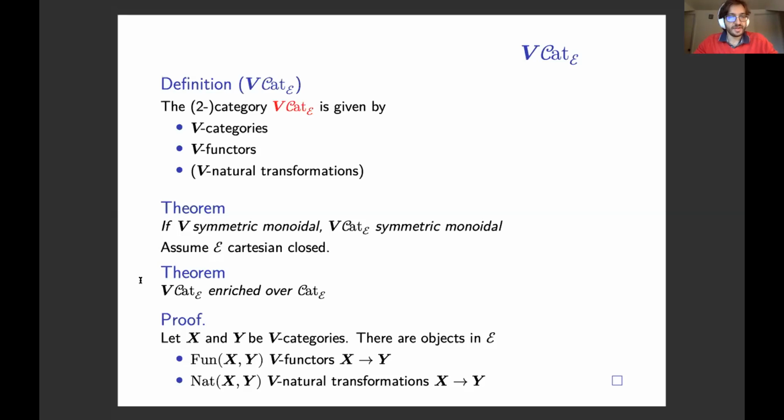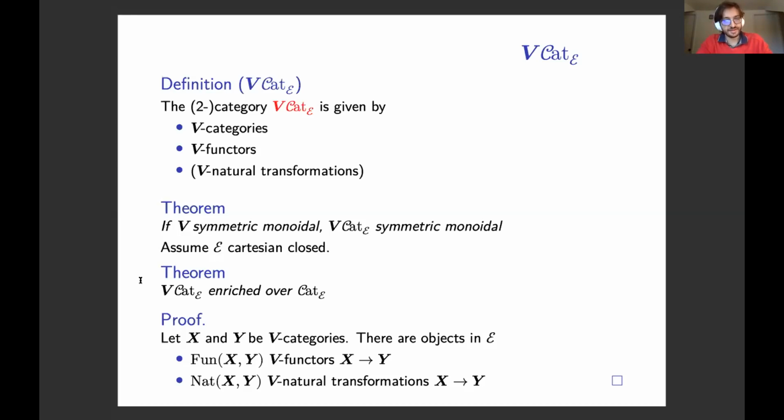So assuming that V is symmetric monoidal, and also assuming that the ambient category is Cartesian closed, we can prove that the category of V categories is enriched over the category of internal categories, which is a first step towards showing that the category of V categories is monoidal closed.